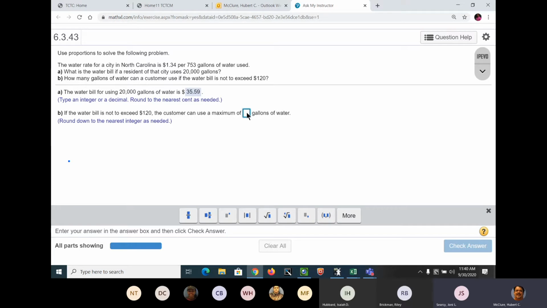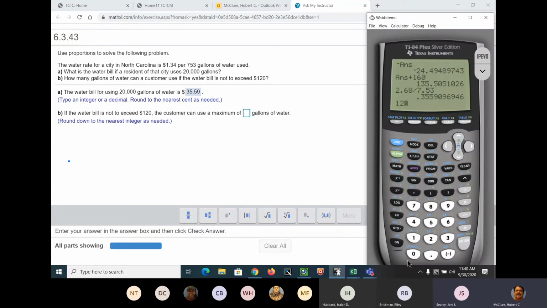I believe that's what we would do. That would be 120 divided by $1.34, which equals 89.55, and then multiply that by 753. That'd be 67,000 gallons. I don't think that's right. 67,432.84.